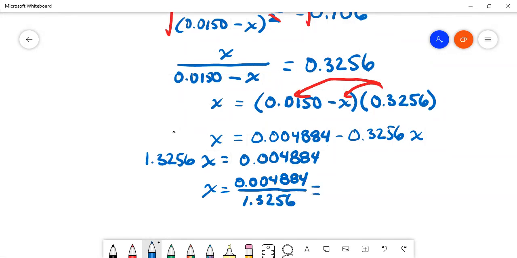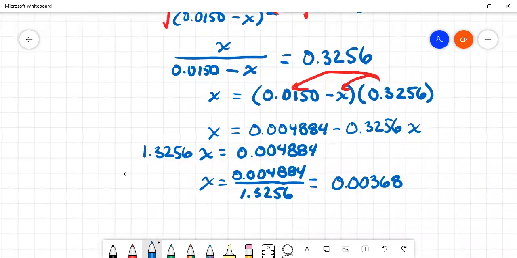And that's going to be equal to 0.00368. Okay.